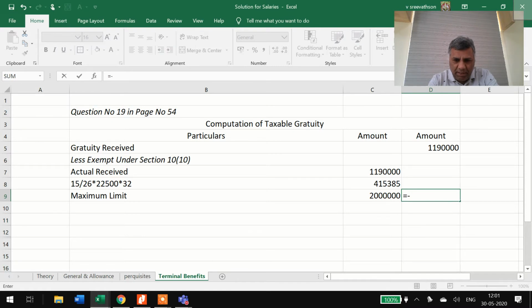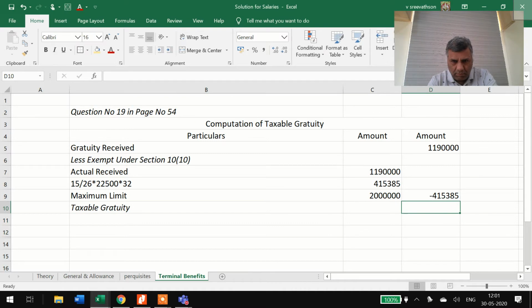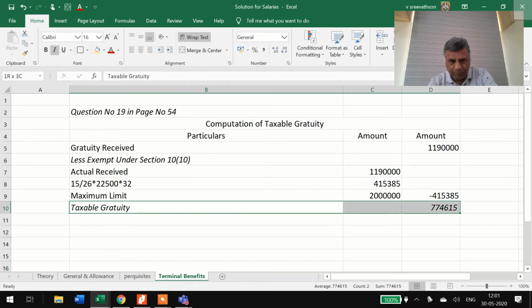Whichever is minimum goes to the outer column. That is the amount of exemption. Taxable gratuity is 774,615.